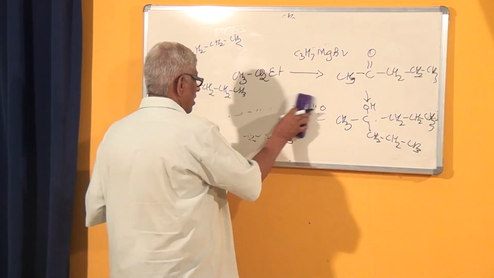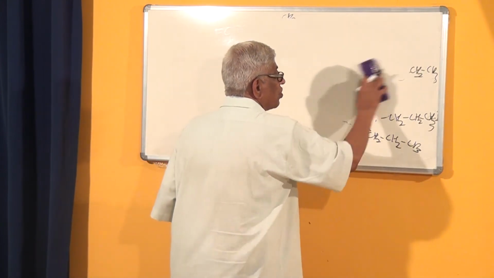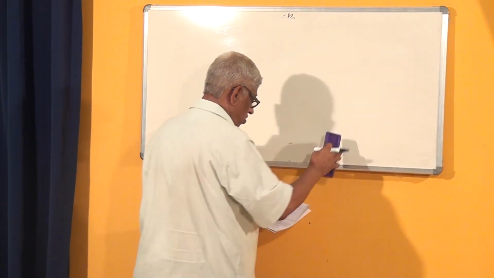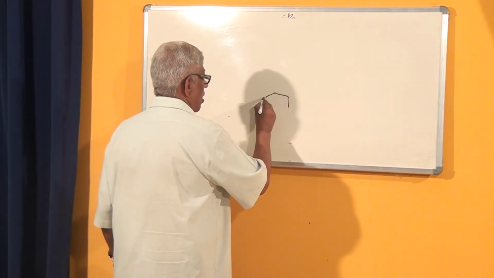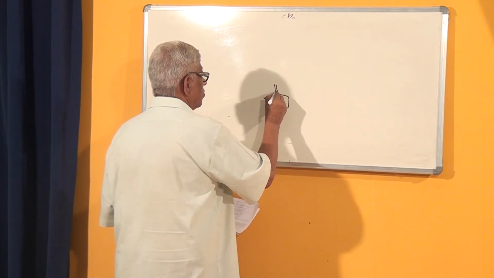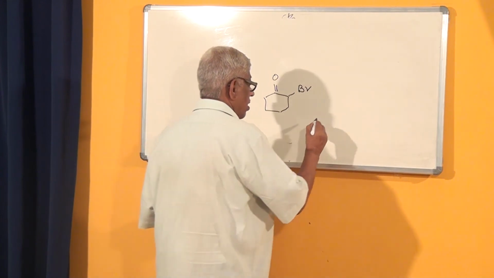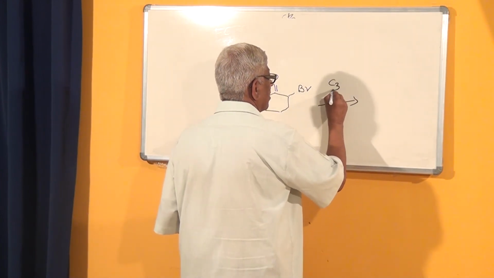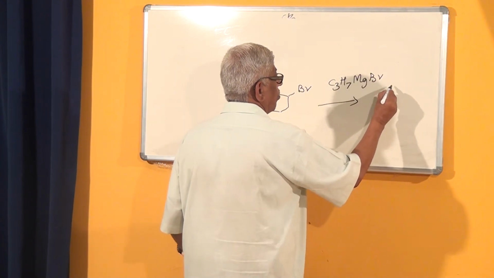A displacement reaction is the one which we normally use for a carbon-carbon bond forming reaction. That is, if I take a cyclohexanone with a bromine atom, this can be allowed to react with the Grignard reagent C3H7MgBr.